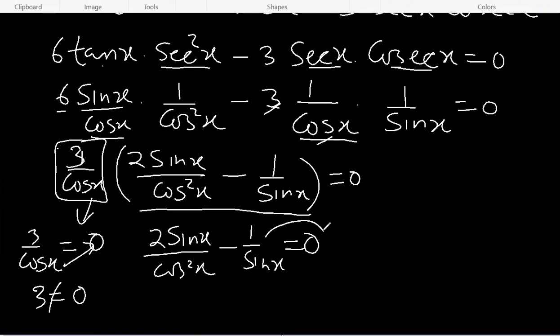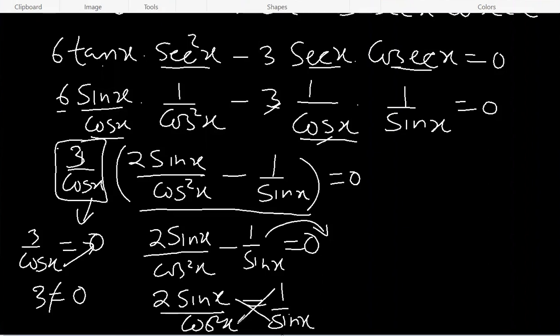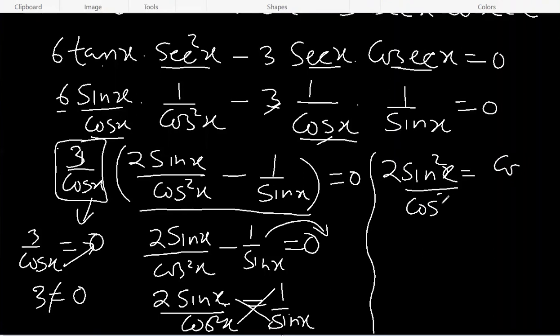Let's bring this to the right side. We will not cancel it, but we can cross multiply. So 2 sine x over cos squared x equal to 1 over sine x. Now cross multiply. So what do we get? 2 sine squared x, yes, sine x multiplied by sine x, over cos squared x equal to 1.